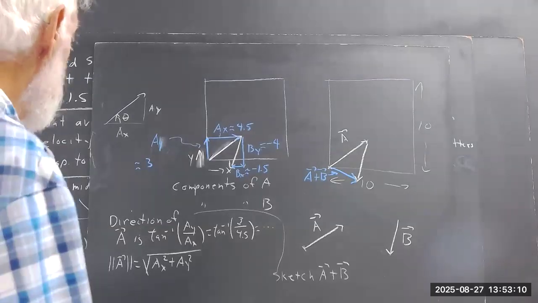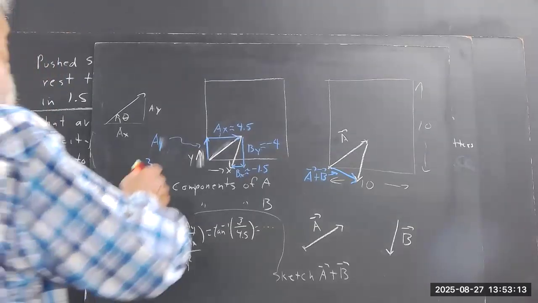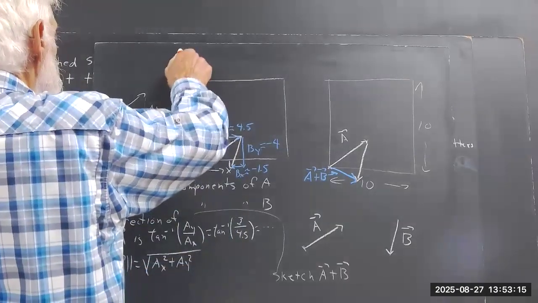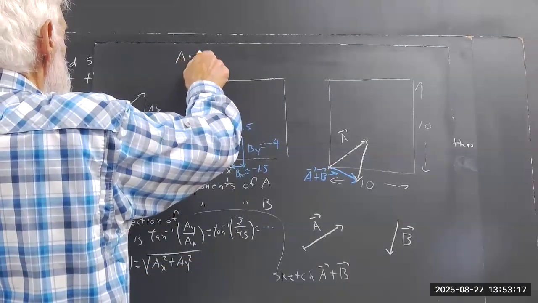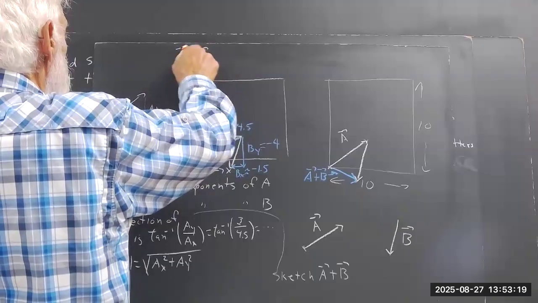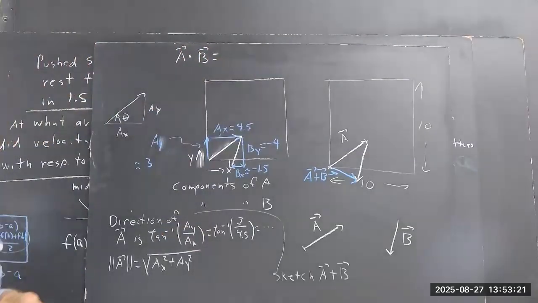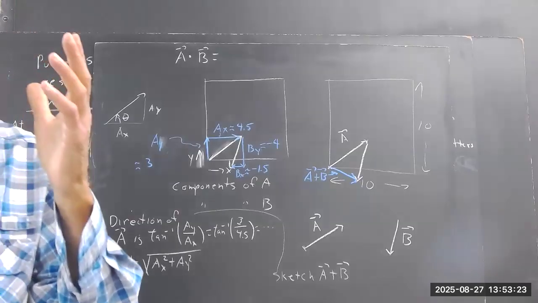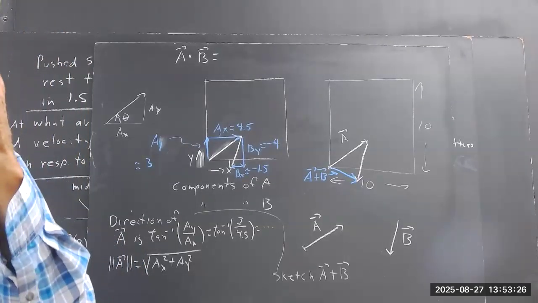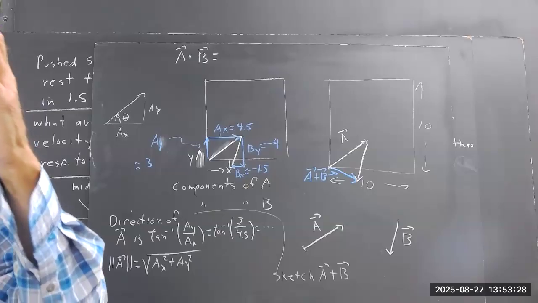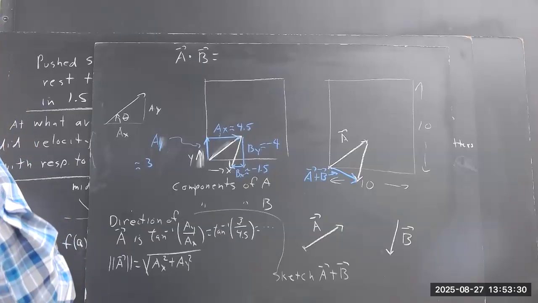Do you know the definition? You have the dot product. I mean, you could write down the definition of the dot product. And you've had it drilled into you last spring, so you can't live without it.